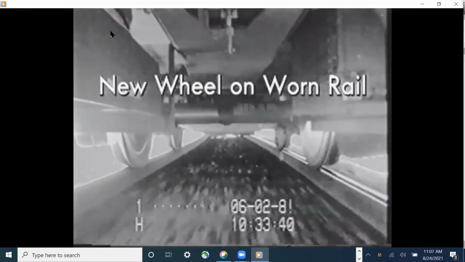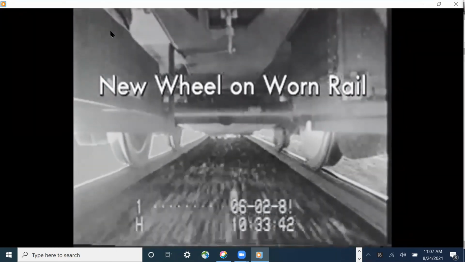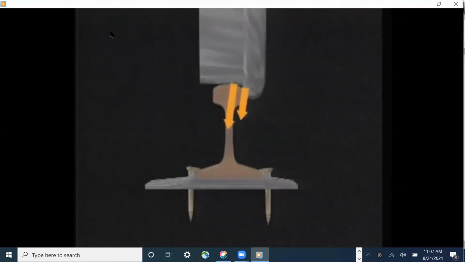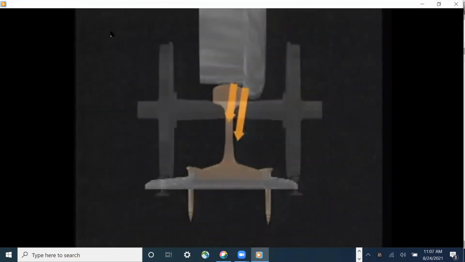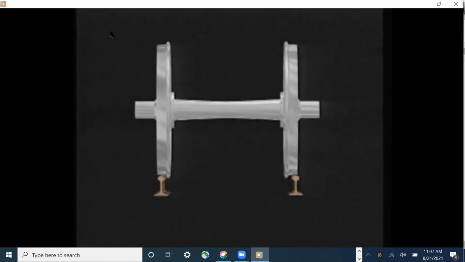However, with a new wheel on a worn rail on curves, one of the points of contact of the vertical load is on the gauge side, making it easier for the wheel to climb the high rail.